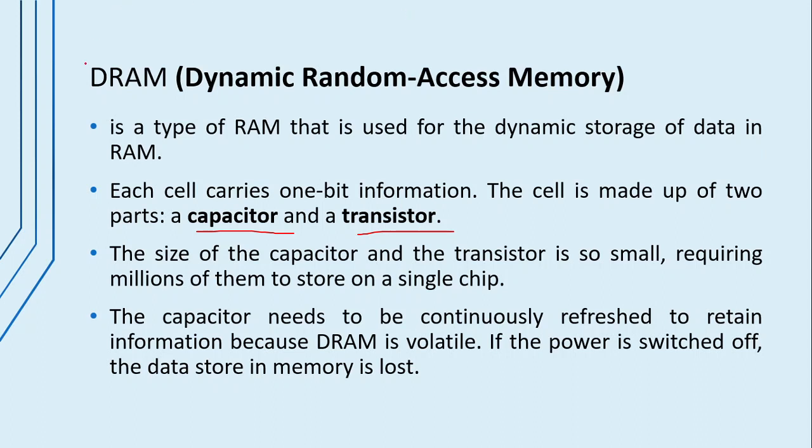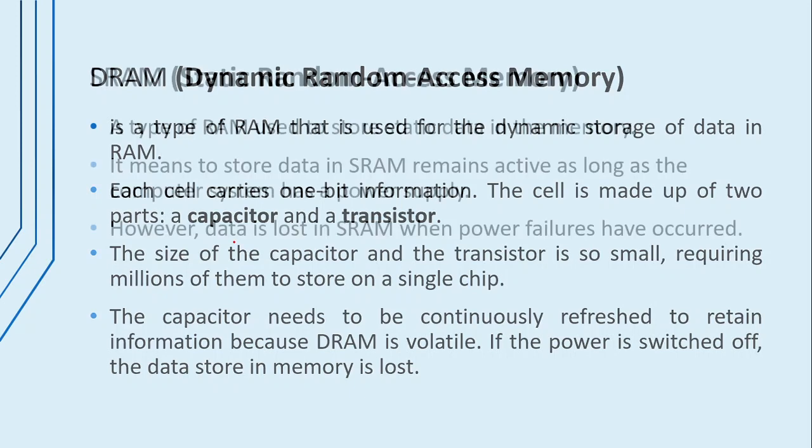Whenever you are using dynamic RAM to implement any memory, you have to provide power continuously to retain the information in that memory. Once you switch off the power, your data will be lost. So this is the concept of dynamic random access memory.